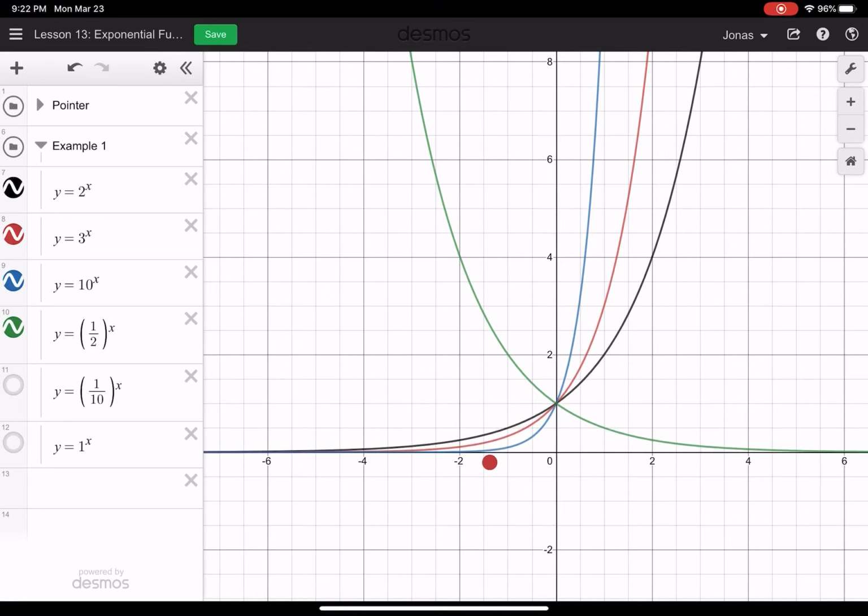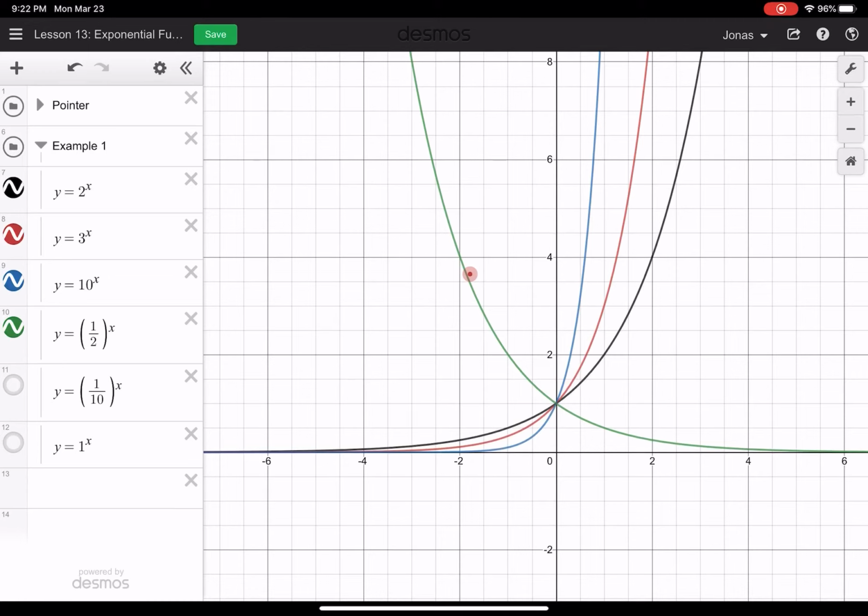And when you plug a negative power into 1/2 to the x, the exponent flips that thing over, which turns it from a fraction 1/2 into 2 over 1, into just a nice whole number 2, something that's going to get big. And so on the negative side, this one now grows and goes towards infinity.